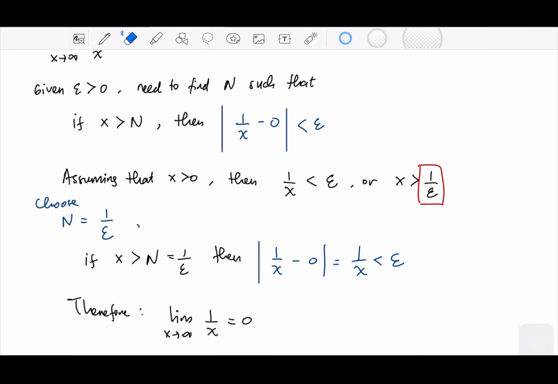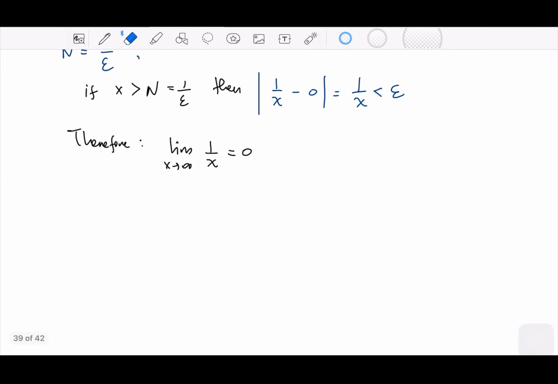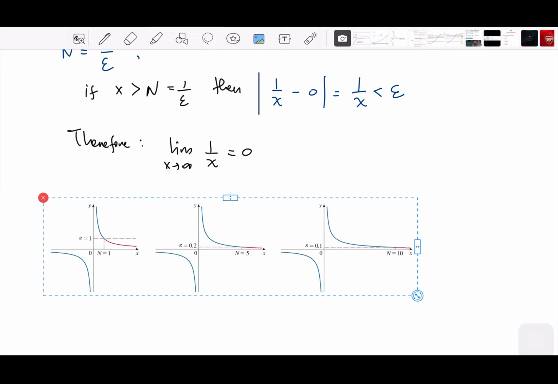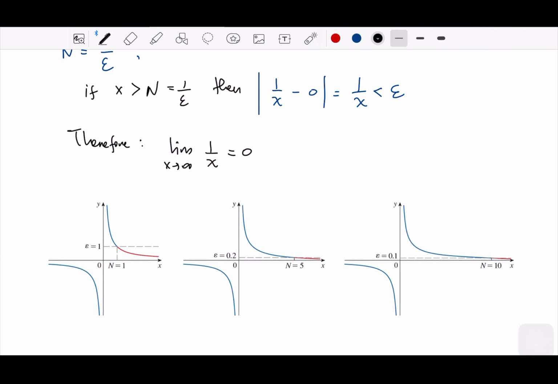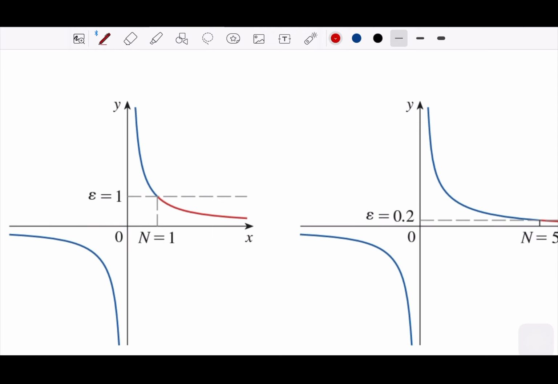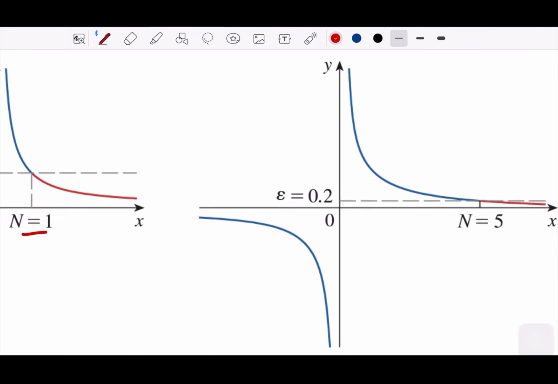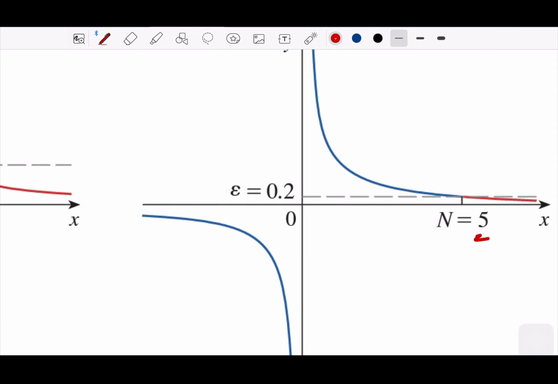So let's take an illustration of how the n will fit with the precise definition. We can imagine, let's say, we take n equal to 1, and epsilon is 1. When n equals 5, you will see that epsilon is 0.2, it's 1 over 5.